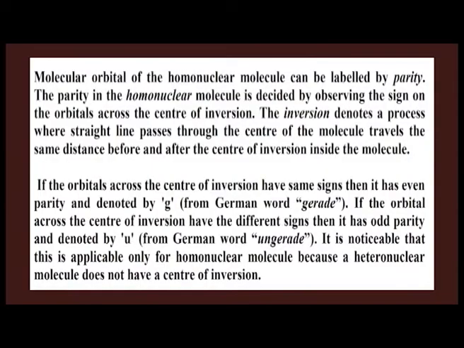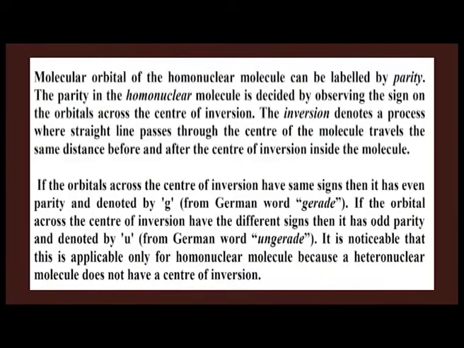As you can imagine for all homonuclear diatomic molecules like hydrogen, if the molecule contains a center of inversion, then if the orbital across the center of inversion has the same sign, it has even parity and is denoted by g, which stands for the German word gerade. For example, if two 1s orbitals in hydrogen combine to form a sigma orbital, the phase of the s orbital at an equal distance left and right from the center of inversion will have the same phase, and therefore sigma 1s orbital is gerade.